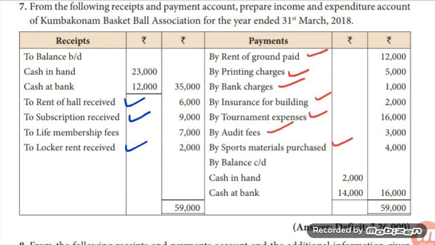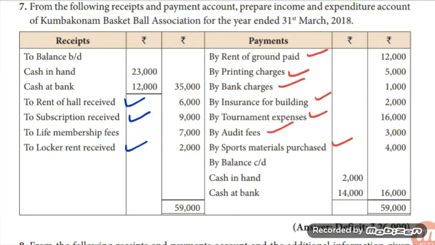Rent of ground paid is a revenue payment, printing charges revenue payment, bank charges revenue payment, insurance for building revenue expenses, tournament expenses revenue expenses, audit fees revenue expenses, sports materials purchased revenue expenses.